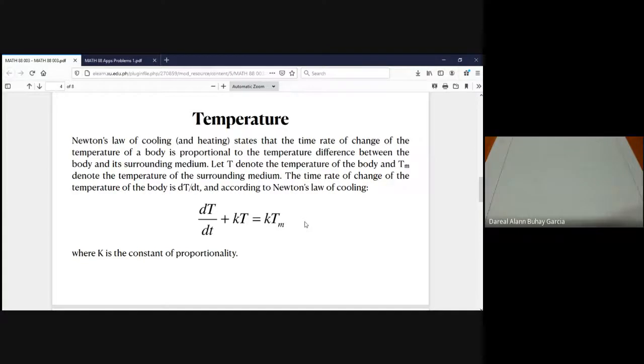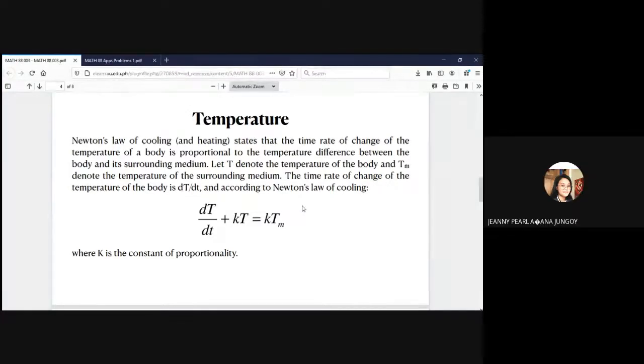The same as growth and decay. Is this linear? Would you agree that it is linear? Yes, sir.